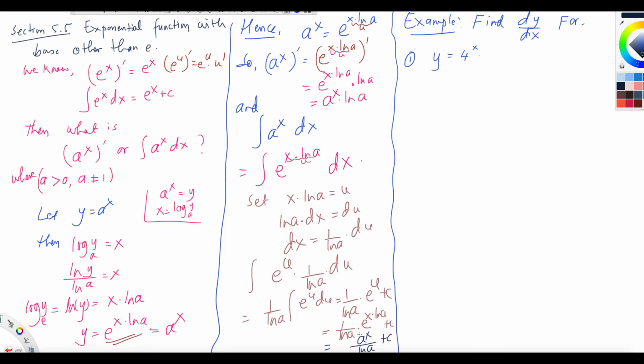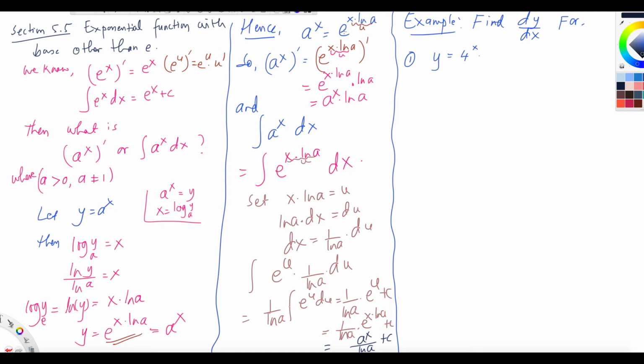Now you might think, how do I remember this formula? The derivative of e to the x is e to the x itself. But the derivative of a to the x is that function itself times the natural log of the base. You see that?